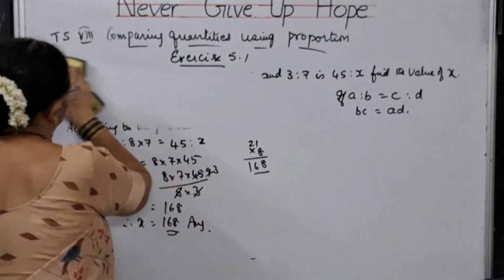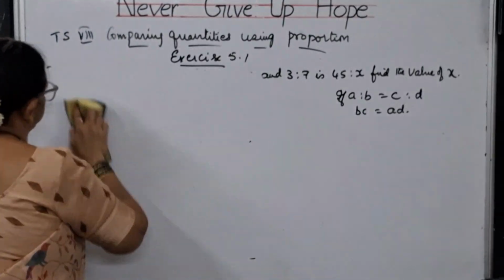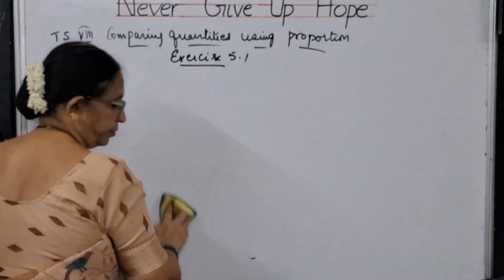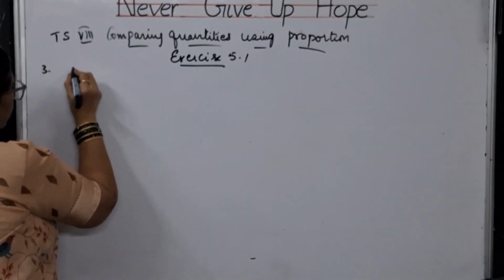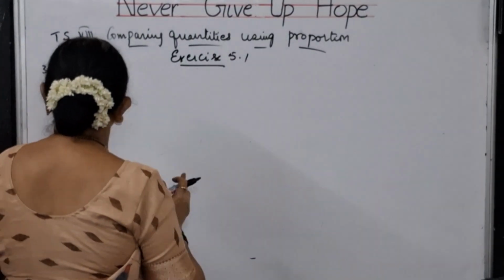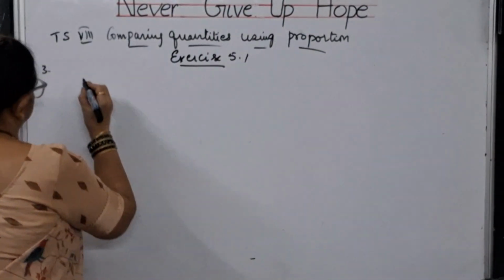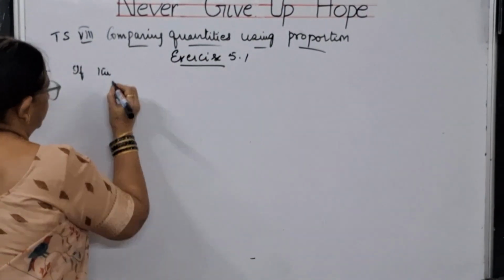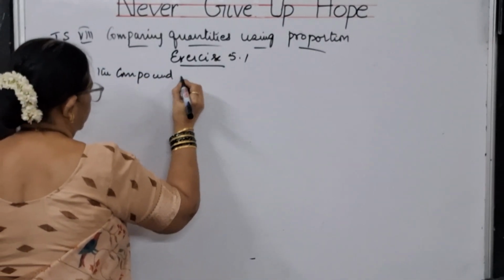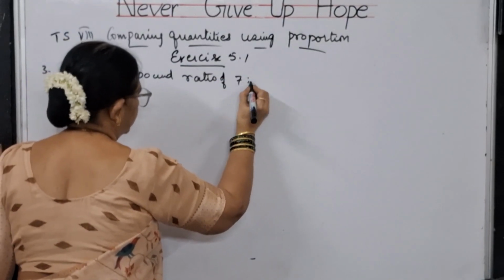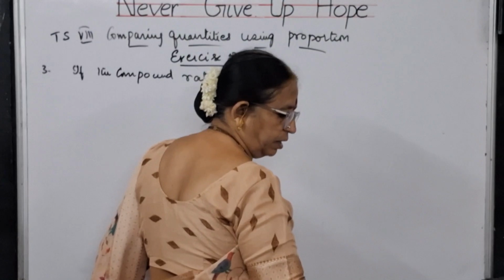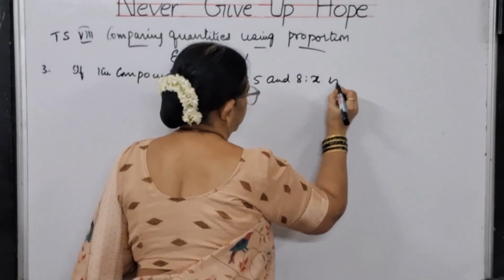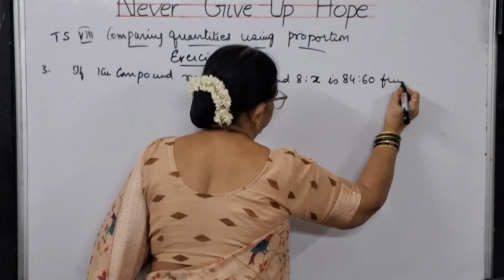Now, the third problem. If the compound ratio of 7 is to 5 and 8 is to x is 84 is to 60, find x.